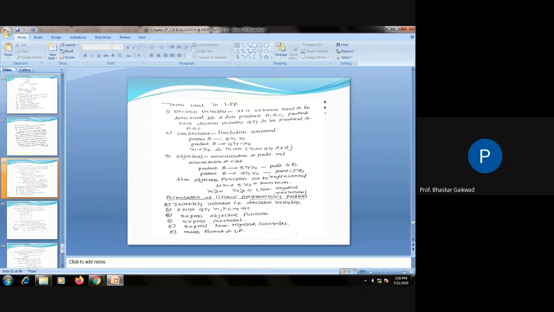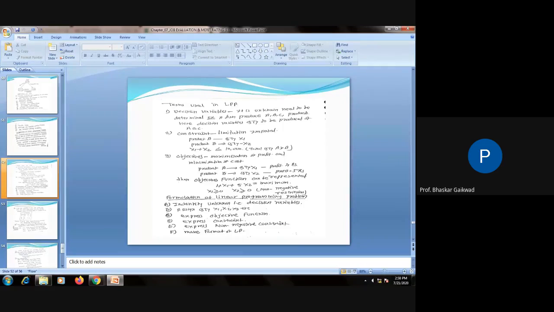So we'll take one example also related to this. Once again, suppose decision variables, unknown variables, A, B, C, three products, and unknown variables for A and B, x1 and x2. So x1 plus x2, there are limitations on the quantity to be produced. There is a profit.